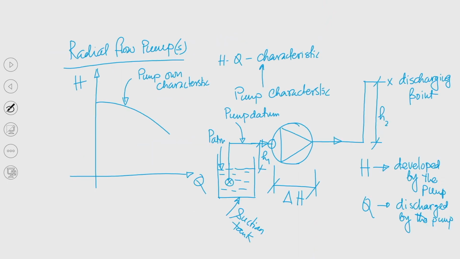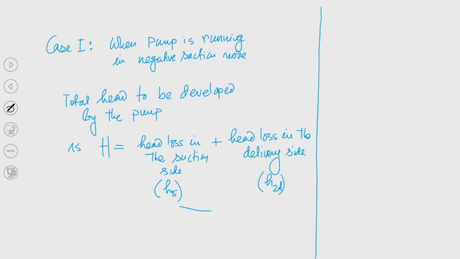See, if we go back to the previous slide, we can understand that this is the static height difference h1, but we have written h1s. So, this is h1s, and this h1s is not equal to h1.